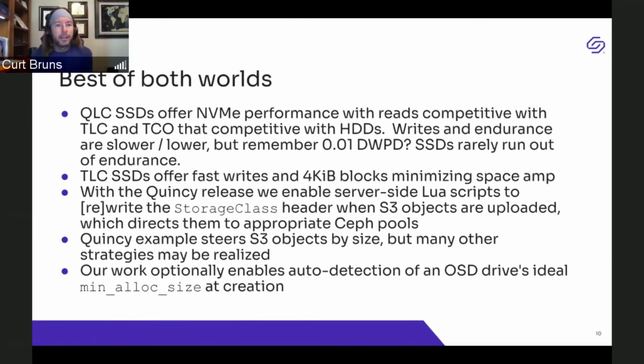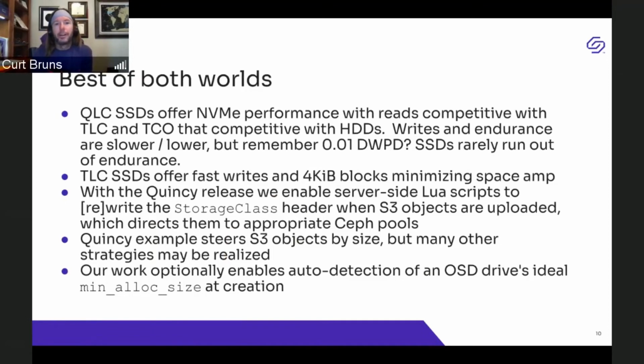One thing that we had to do as well is, we talked about this 64K IU in the QLC devices. When you create an OSD, that's when it decides what min-alloc size to use. So it's nice to know before you create the OSD what the min-alloc size of that SSD should be, what its optimal write size is.